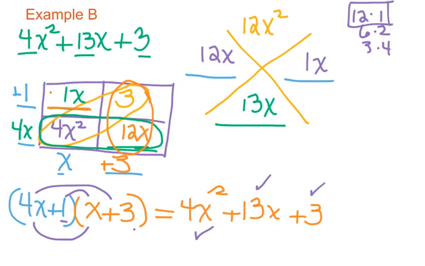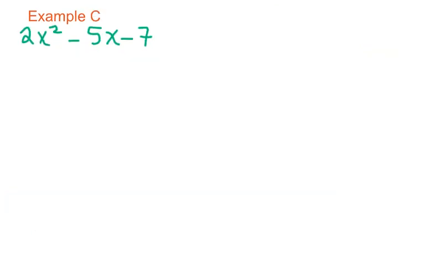So again, moving on, I'm now going to do example C, which is another factoring example. So again, in example C, you notice that I've got 2x squared minus 5x minus 7. The very first thing I'm going to do is notice that there is no common GCF between all of them.